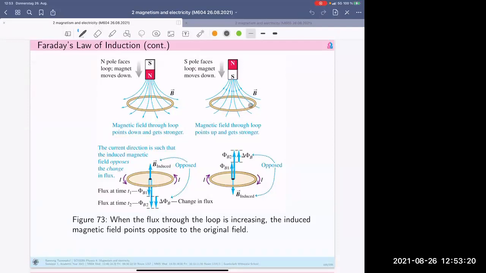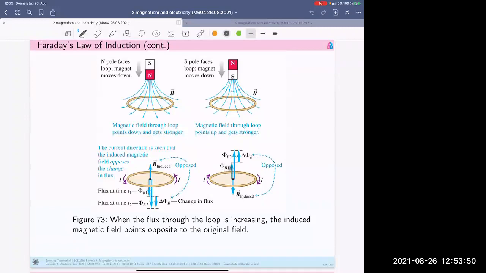He realized that there are magnetic field lines in the upward, vertical direction. When you move the permanent magnet closer to the circular conductor, at state one the flux vector Φ_B1 has a height like this.